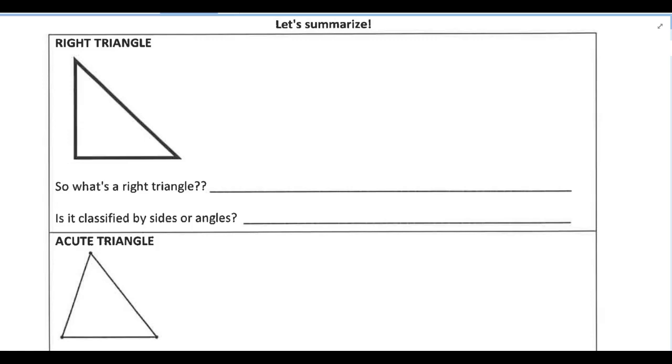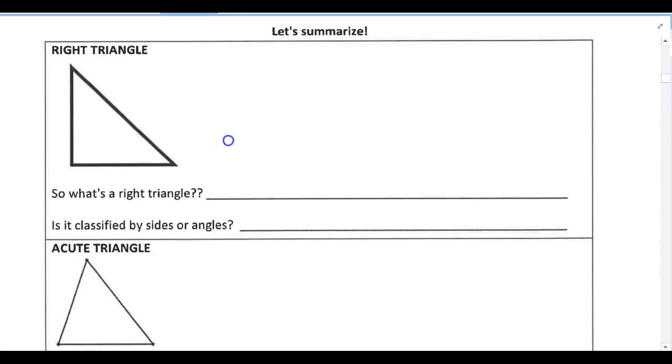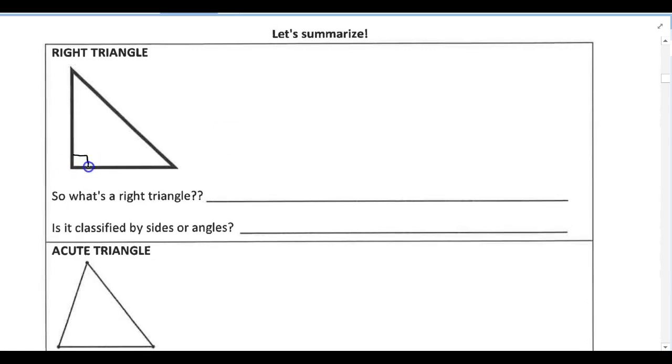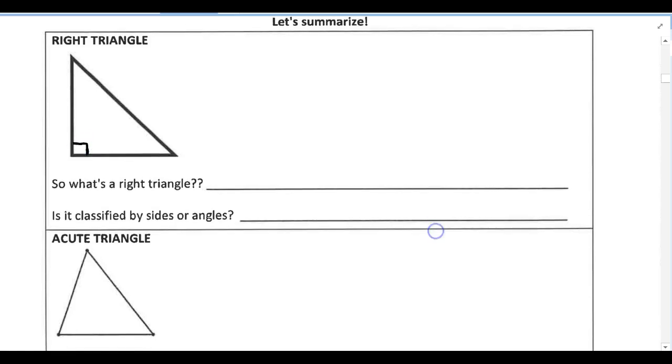So first we have a right triangle, and if you remember from things we cannot assume, even though this looks like a right angle here, we can't assume it's a right angle. So since I want it to be a right angle, I'm going to put that right angle marker in there, that tick mark. So now we're not assuming it's a right angle, we know it is because of that right angle tick mark. Alright, so what is a right triangle?